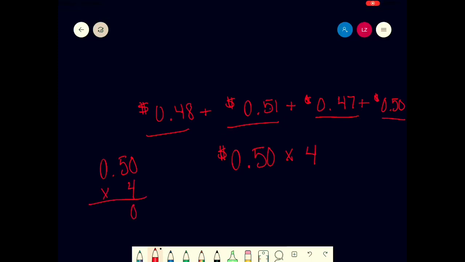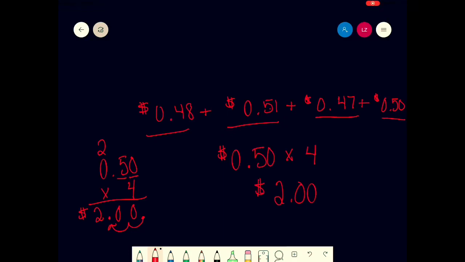Do the multiplication. 4 times 0 is 0. 4 times 5 is 20. We've got 1, 2 decimal places. We move it over 1, 2 spots, and we get $2 as our estimate.